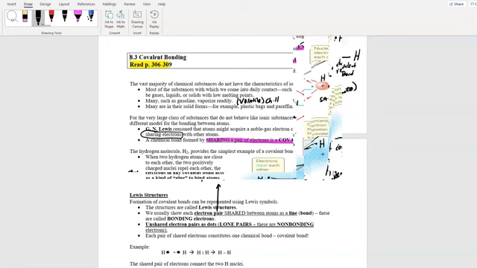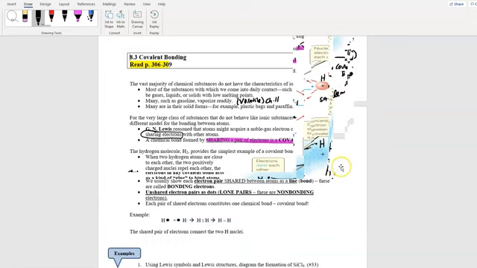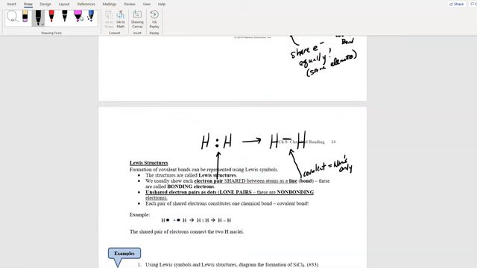Eventually we represent that shared pair with a bond, and more particularly that bond is called a covalent bond, because it's nonmetals only. And these are what's called bonding electrons. Because you're going to learn a name called non-bonding in just a second. So bonding electrons are the electrons shared between the atoms.